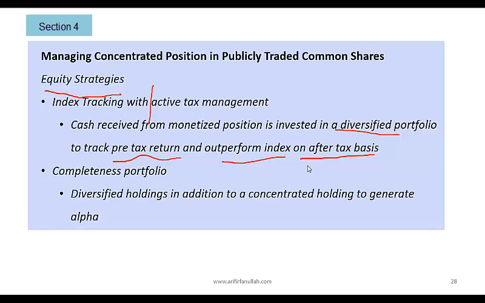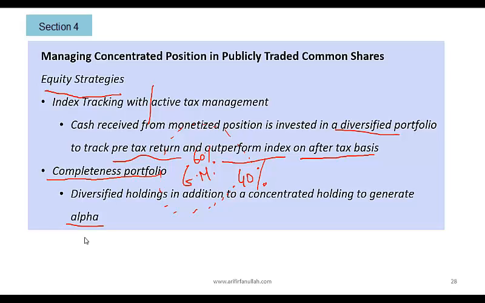The second strategy is to look at a completeness portfolio. So this client has a concentrated holding of General Motors. So what he will do is to combine this portfolio, which is 60% of his holding, with a diversified holding of 40%, and he's going to float this portfolio around this concentrated portfolio to generate an alpha.